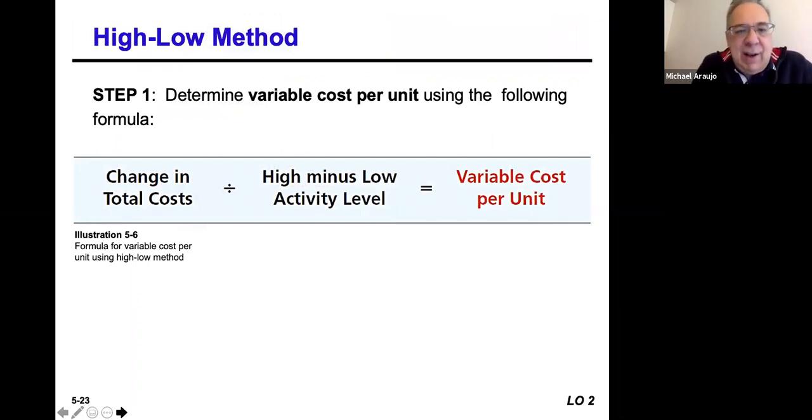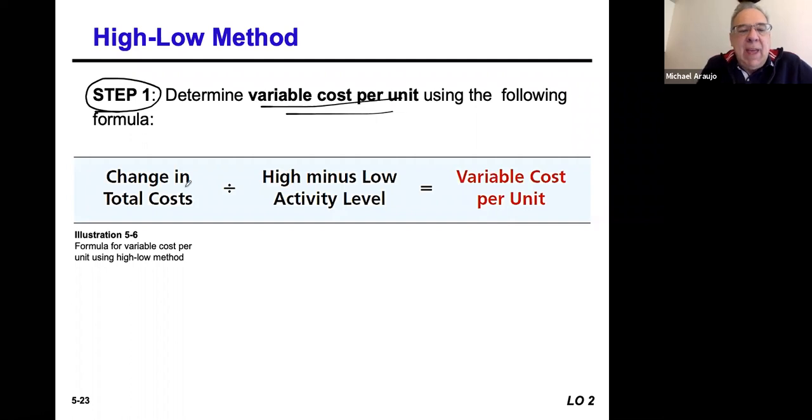So here we have a few steps. The very first step in our process is to determine what's the variable cost per unit. So we look at the change in the total cost. Now, if you have your book, this is on the top of page 189.